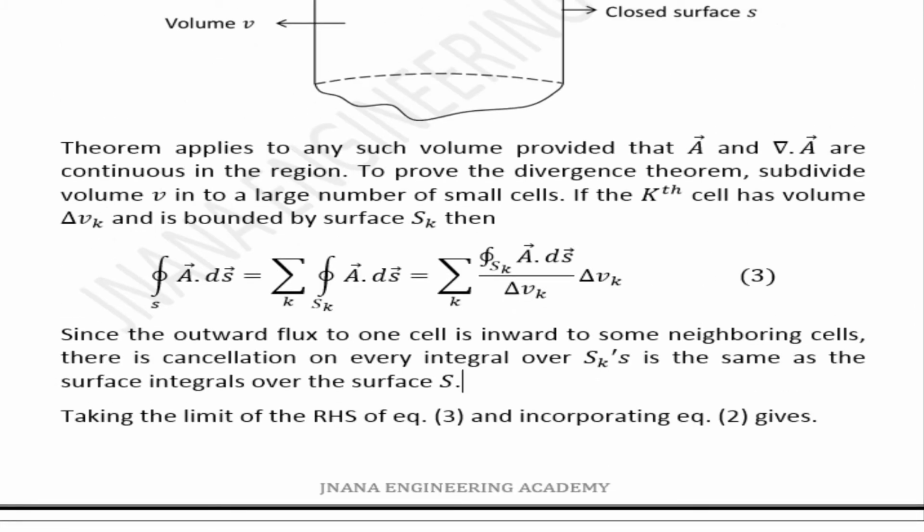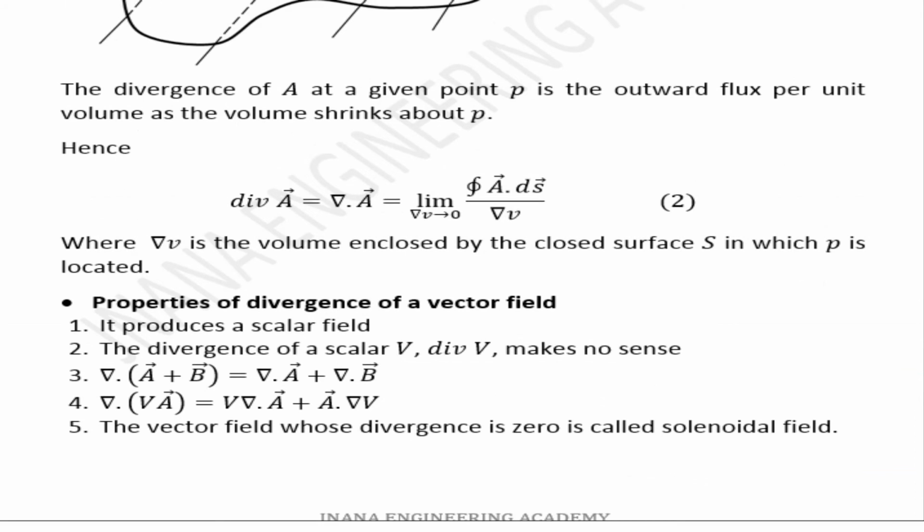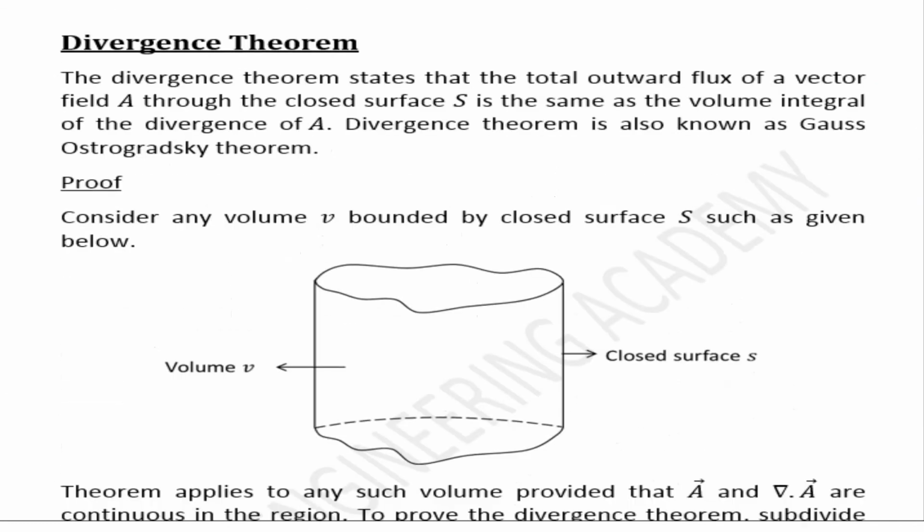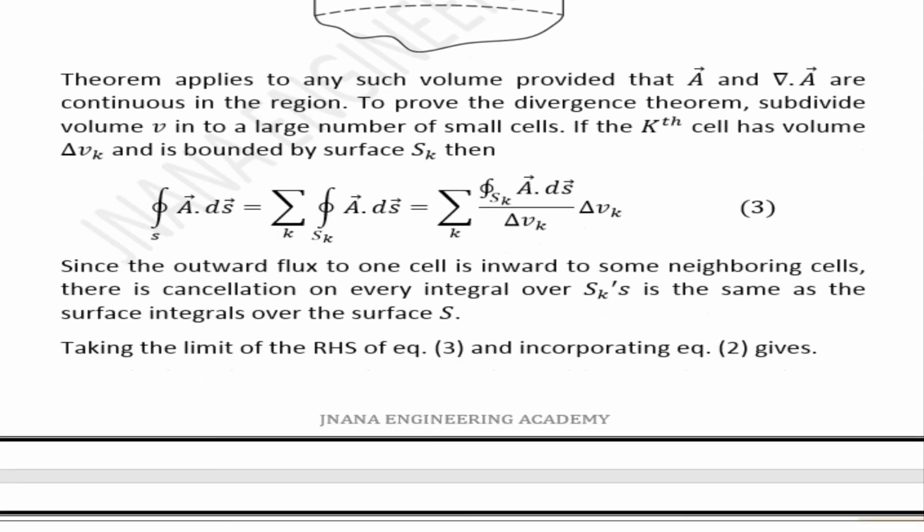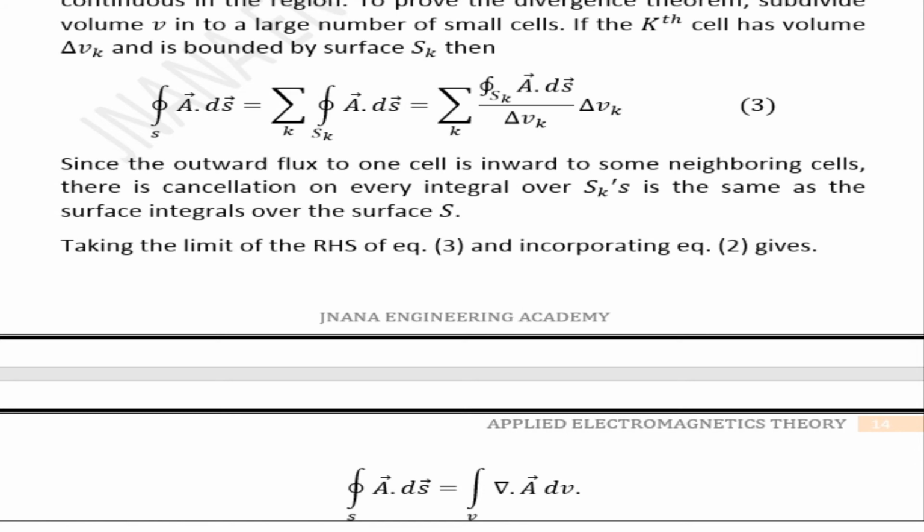Now in this equation, taking the limit of the RHS and putting it in the equation of the divergence, that is, limit delta V tends to 0 of the integral of A dot dS by delta V, incorporating these two equations, we can say that the closed integral over S of A dot dS is equal to the integral over V of del dot A dV. So that is the divergence theorem.